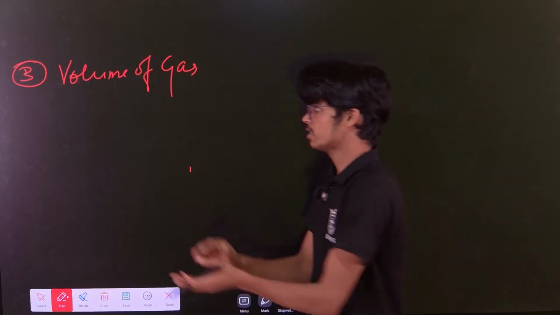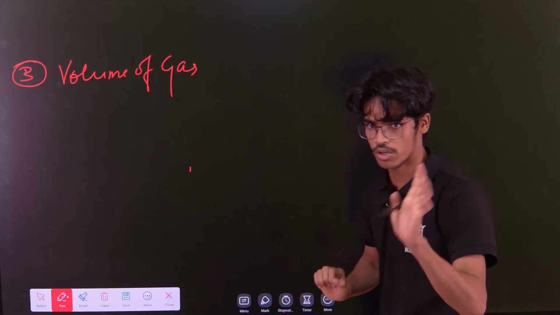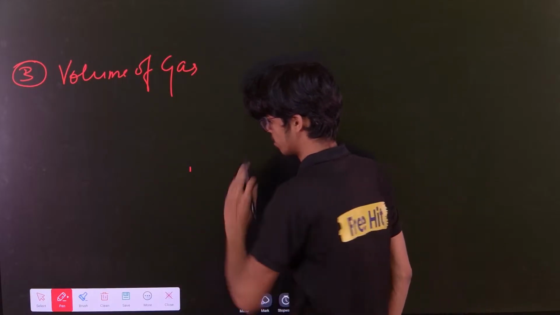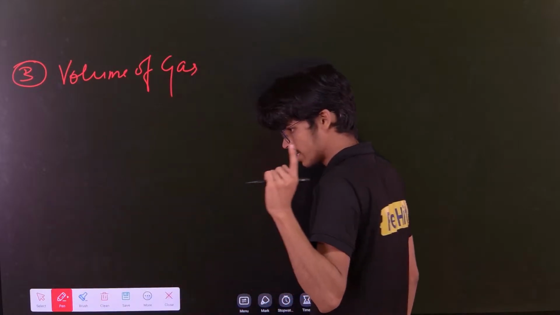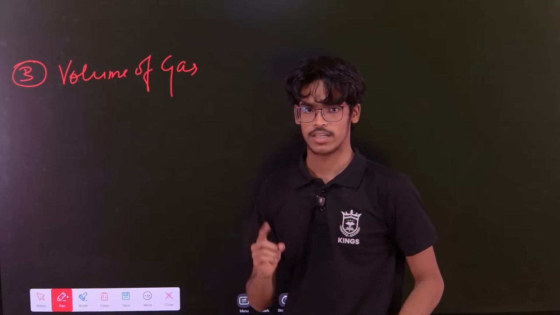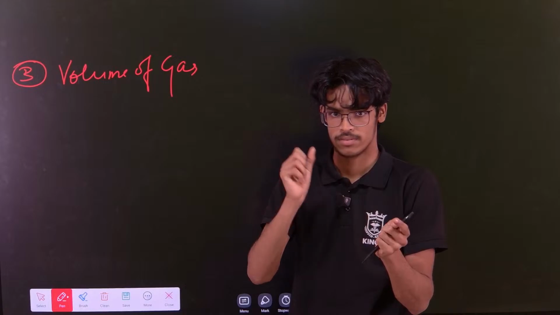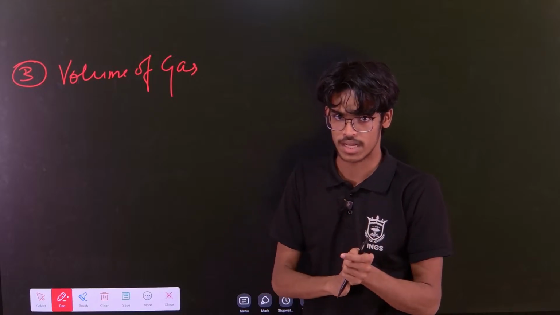This particular scenario that we are going to discuss right now is based on one logic. We said 1 mole contains N number of particles. In the second case, we said 1 mole weighs M, the molecular mass of that substance in grams.